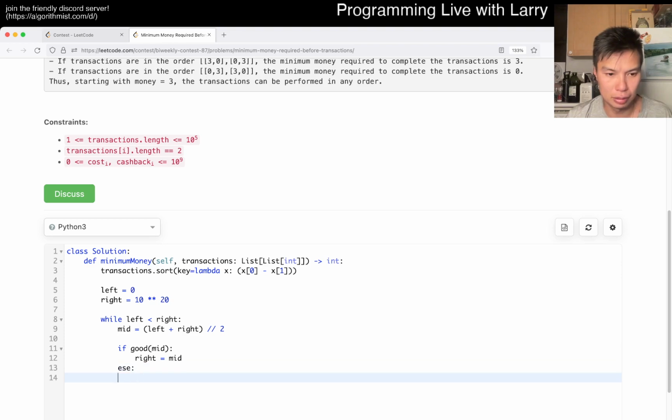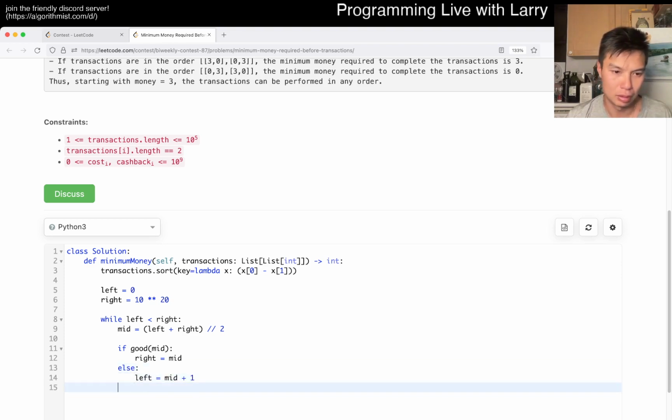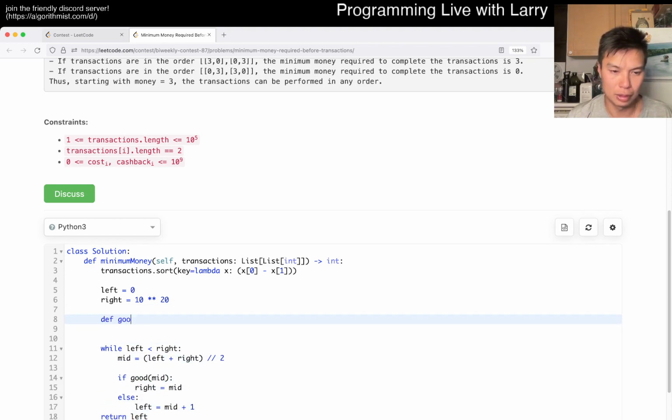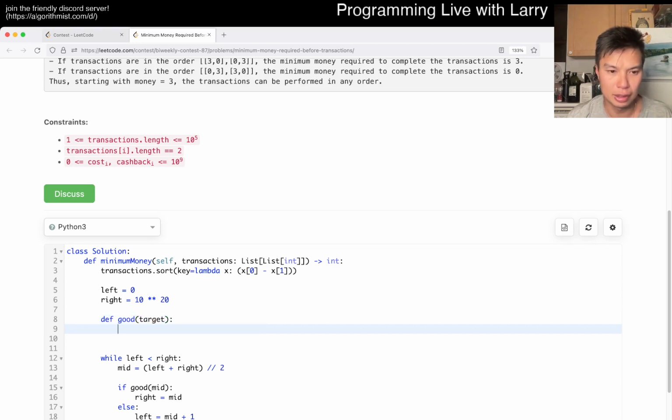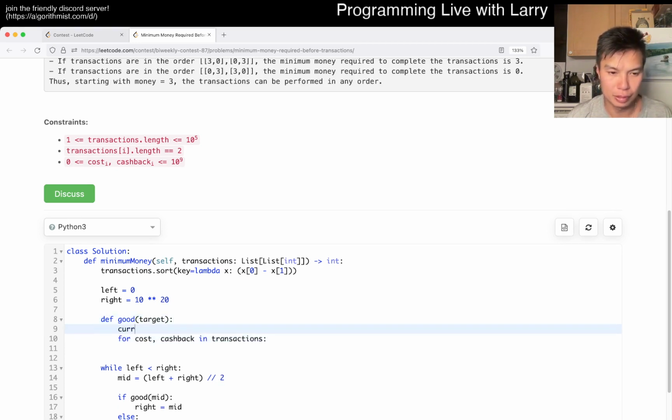And then, okay, this is if we can solve it using this target, and then this is just for the cost, cashback in transactions. Current is 0 to target.